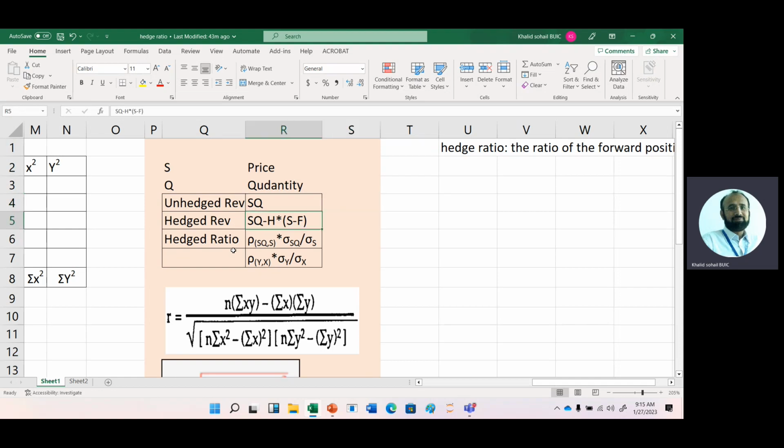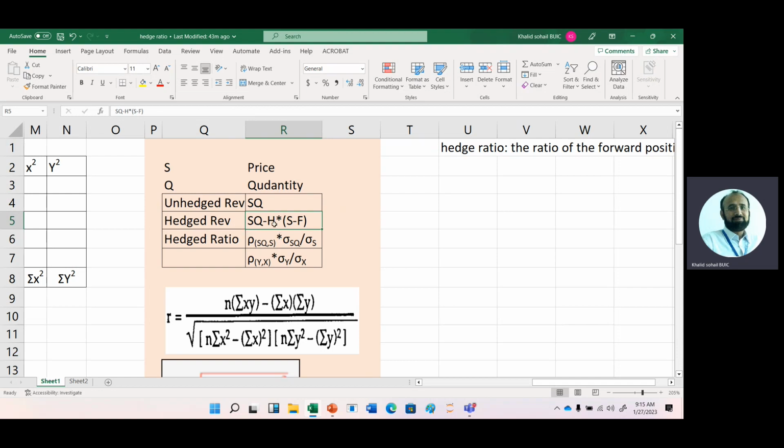And then our hedged revenue would be unhedged revenue minus H multiplied by (S minus F), where F is forward price and S is the spot price, and H basically gives the number of contracts that we will go forward to get this hedge.